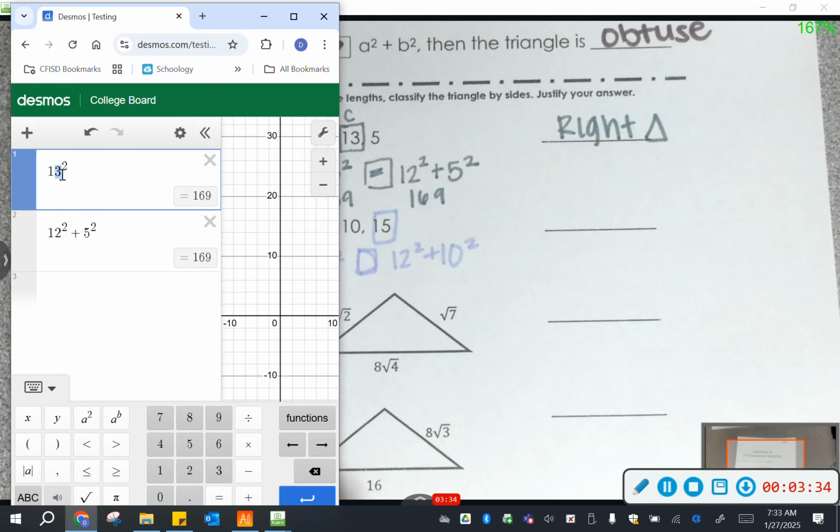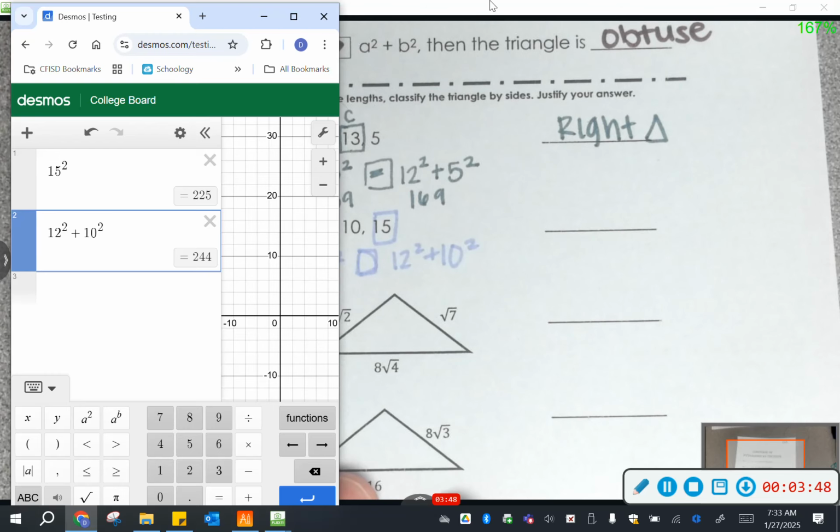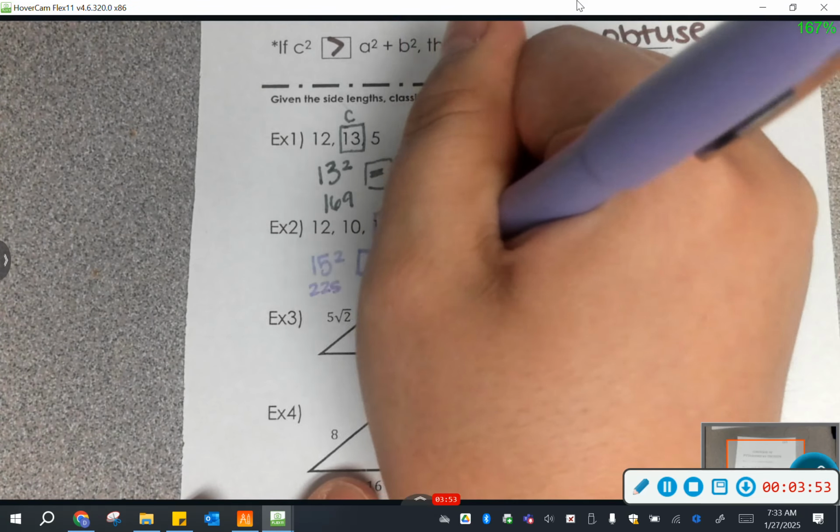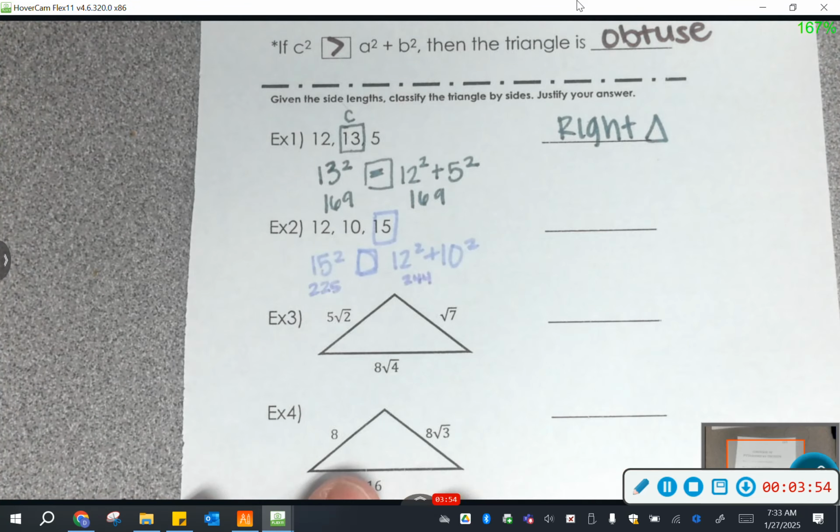Did y'all get 15 as the biggest number? Yes. And then we had 10 and 12? So I got 225 and then 244. Is that what y'all got? So how does 225 compare to 244? It is less than. So if it's less than, what type of triangle is this? Acute triangle.